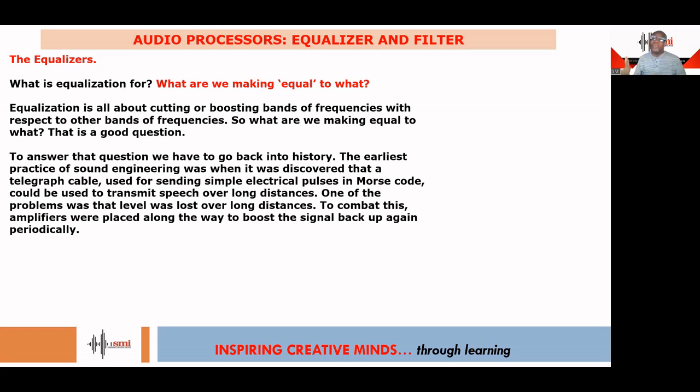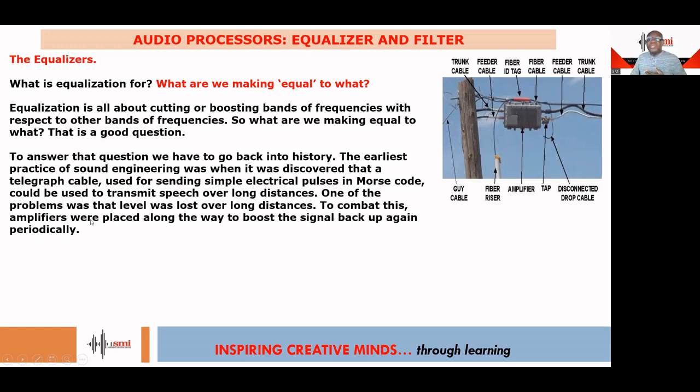But when you phone from Lagos to Ibadan, before the signal reaches maybe halfway, level was lost. To combat this and bring the level back to the original, amplifiers were placed along the way to periodically boost the signal back up. At certain distances, the amplifiers were positioned along the cable.